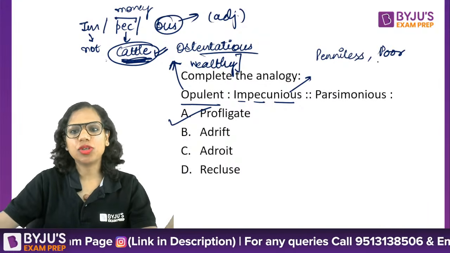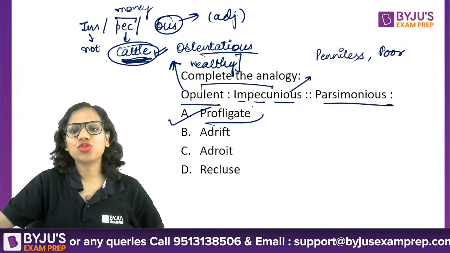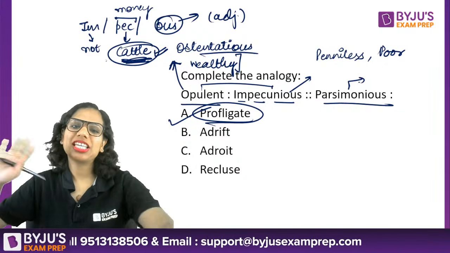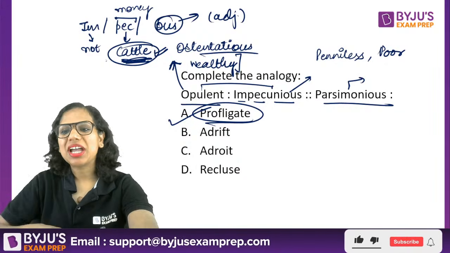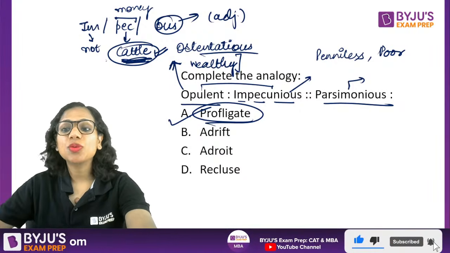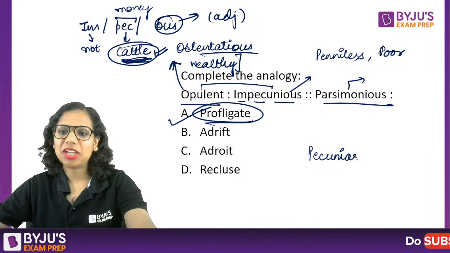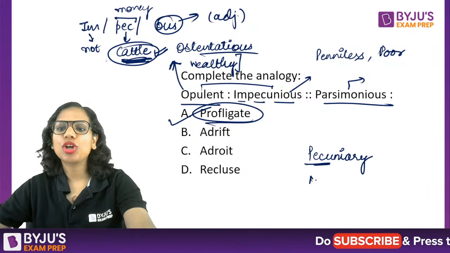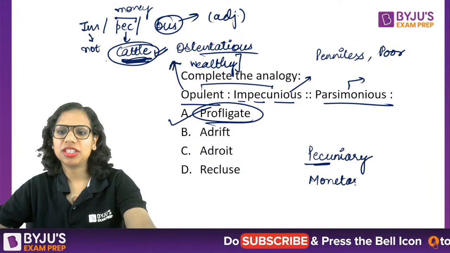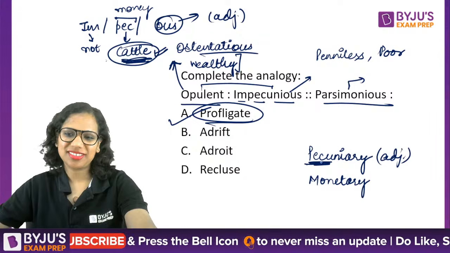So opulent is to impecunious, opposites. You're absolutely right. Parsimonious is to profligate. Parsimonious, I think everyone will know. A miserly person is parsimonious. Yes, correct, Yogiraj. Pecuniary advantage. Yes, we talk about pecuniary advantage or pecuniary interest. That means monetary. So again, see, something that meant cattle came to mean money later on.